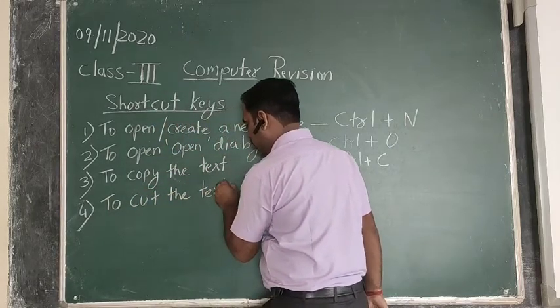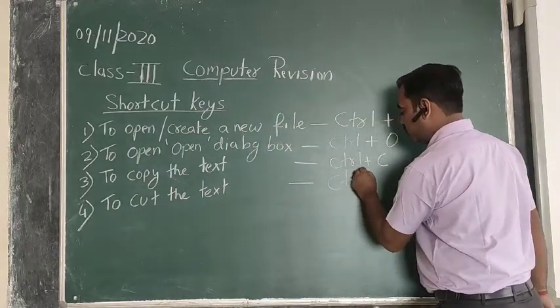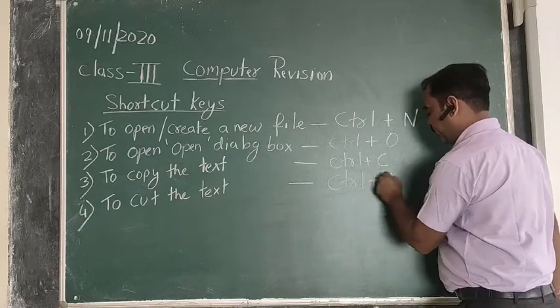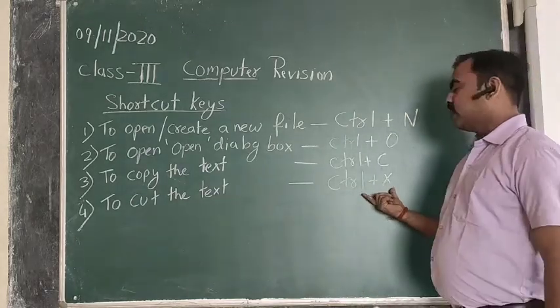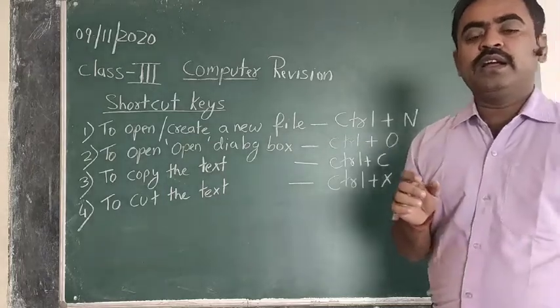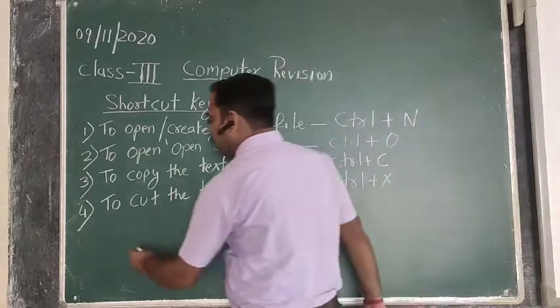In order to cut the text, you can use the shortcut key Ctrl plus X, and it will cut the text or the image which you have already selected. And then the next one is to paste.